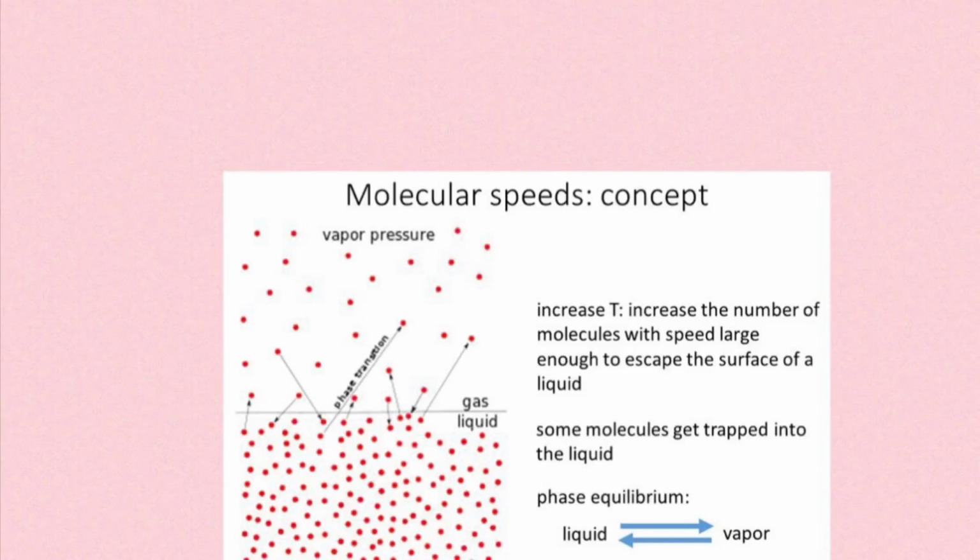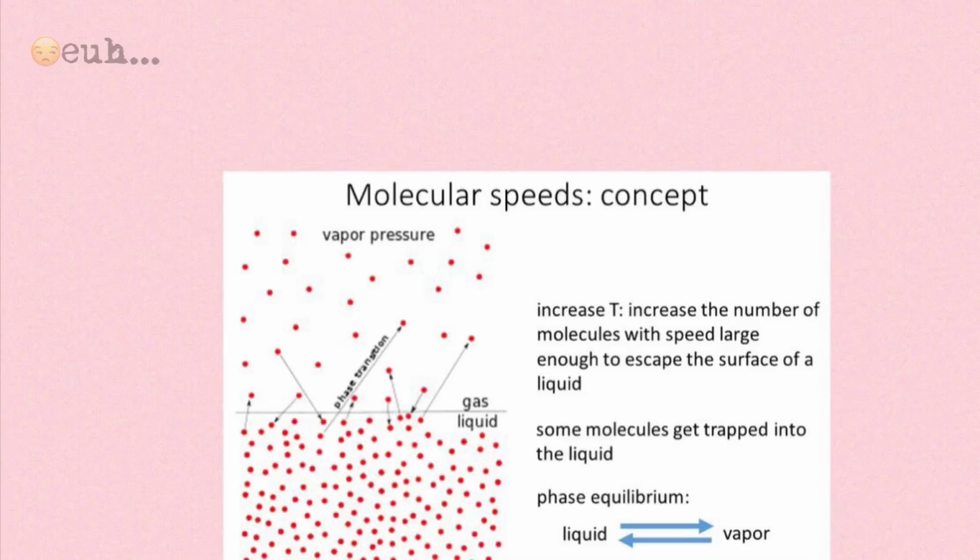It will need a certain amount of energy, and so if you increase the temperature, you increase the number of molecules with large enough speed and energy to escape the surface of the liquid, and so they end up in a gas above the liquid. On the other hand, some of the molecules in this gas are going to get trapped into the liquid as well, and so you have an equilibrium between the liquid and the vapor.